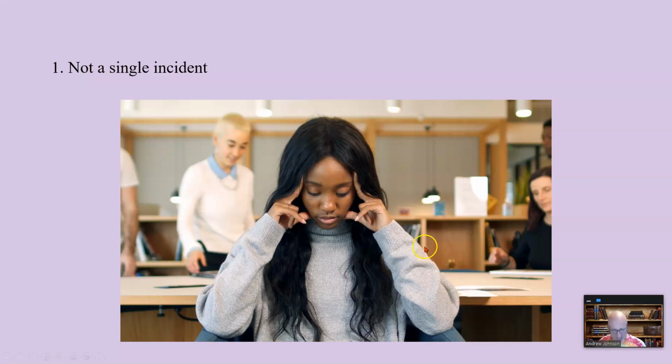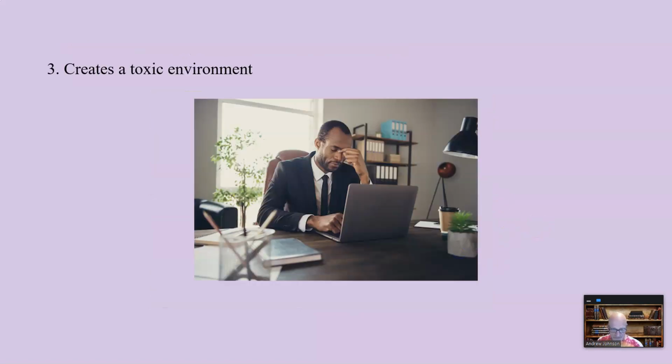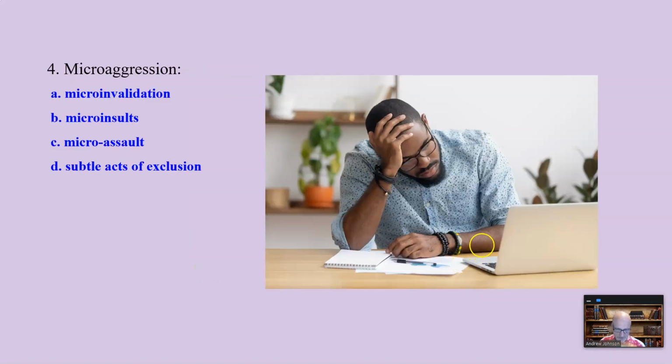But over time, they have a psychological and physical impact on the individual being targeted. And the result is a toxic work environment that makes it difficult for recipients to perform the essential functions of their job and makes life miserable.